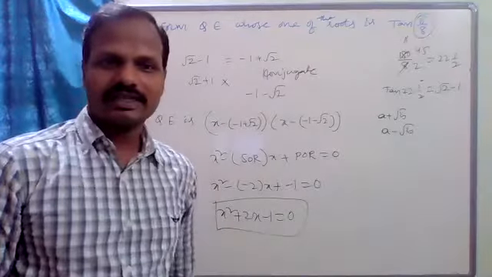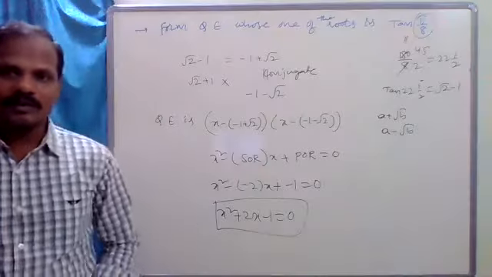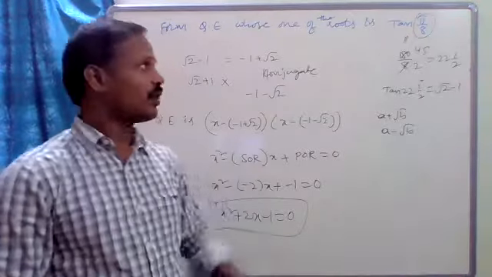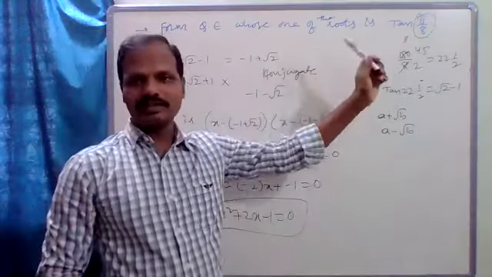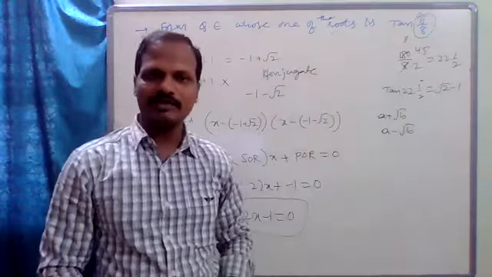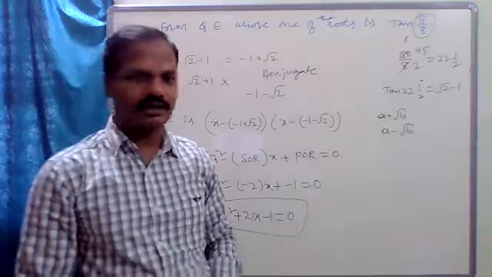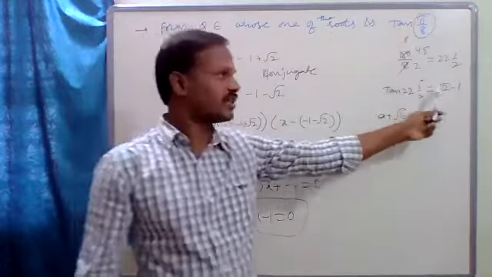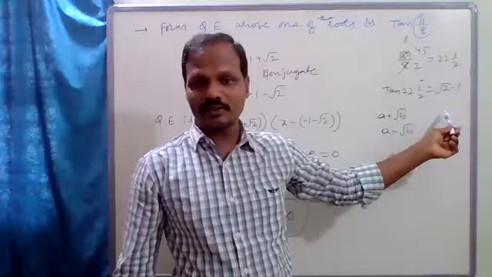See, think about the problem. When the problem is given, one root is given, then obviously the other root must be its conjugate. Otherwise, we are unable to form the quadratic equation. Most of the students get confused here. The conjugate of root 2 minus 1 is not root 2 plus 1.